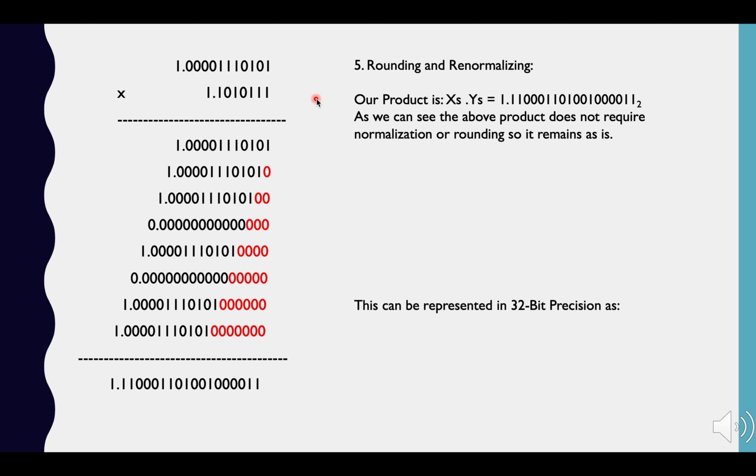In this case, rounding is not necessary since the 23rd bit after the decimal dot is 0. However, it would be necessary if the 23rd bit was equal to 1. In this case, since we did not round, then renormalization is not necessary, and the product that we obtain is shown here. The last step to do is to determine the sign.